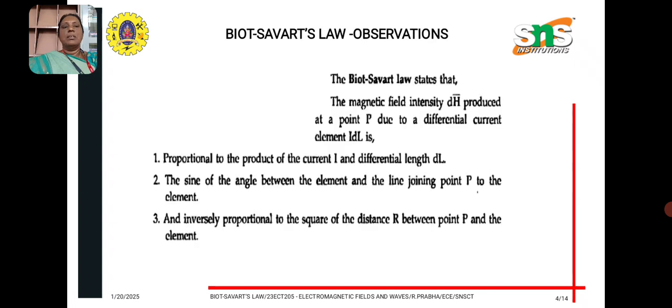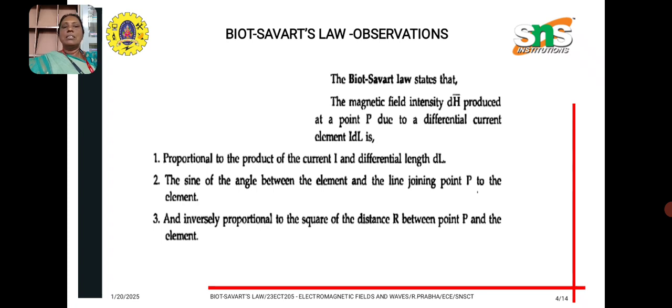For this, the Biot-Savart's law states that the magnetic field intensity dH produced at point P due to a differential current element is proportional to the product of the current I and the differential length dl. Secondly, the sine of the angle between the element and the line joining point P to the element.